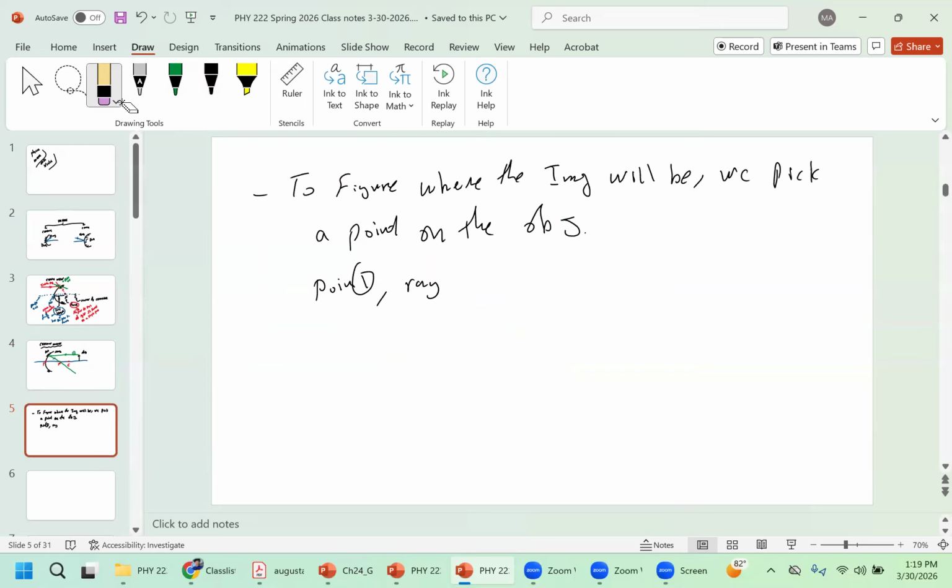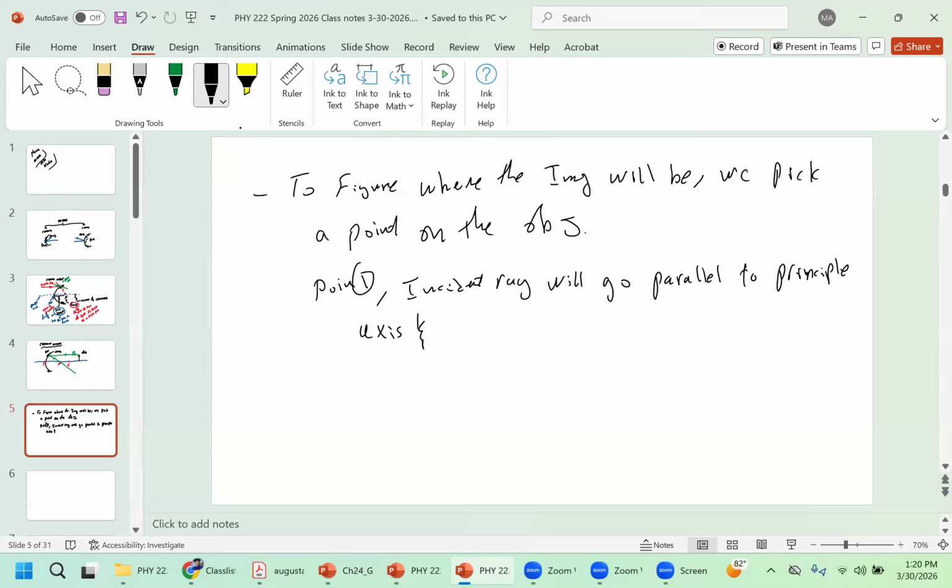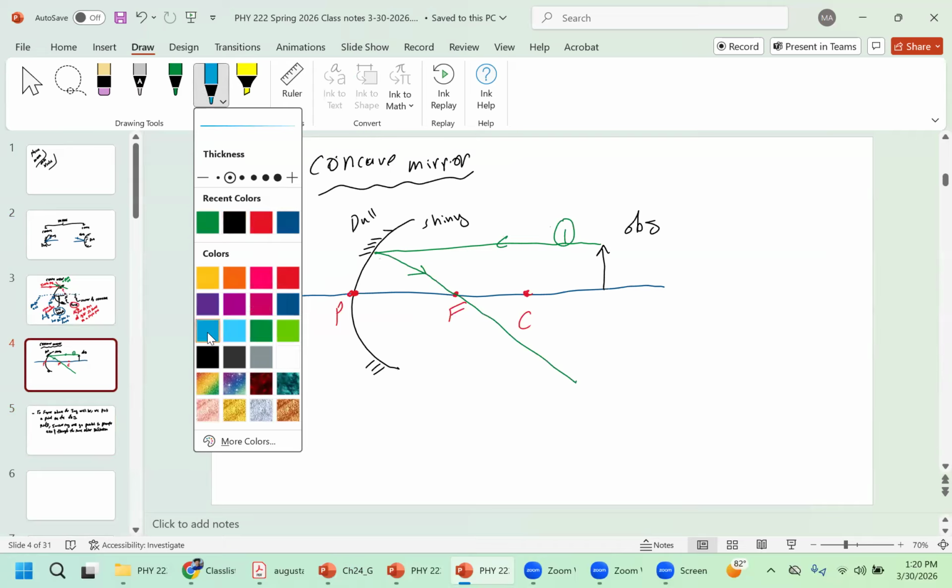The incident ray will go parallel to the principal axis and through the focus after reflection. Okay. Let me get this color.